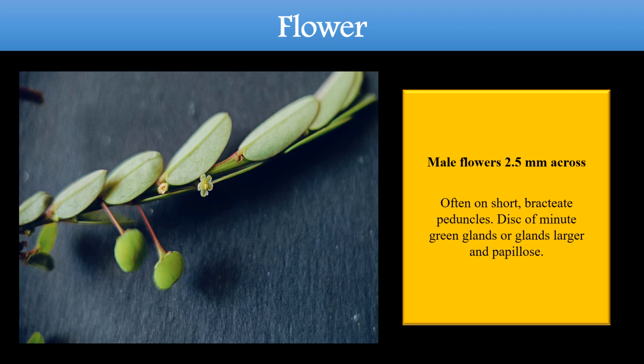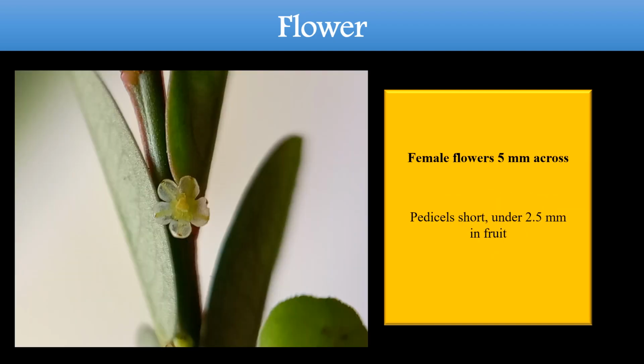Mainly the male flowers are up to 2.5 mm across, often on short bracteate pedicels, with a disc of minute green glands, or glands larger and papillose. So these are the characteristics of the male flower in Phyllanthus rotundifolius. Then comes the female flowers.